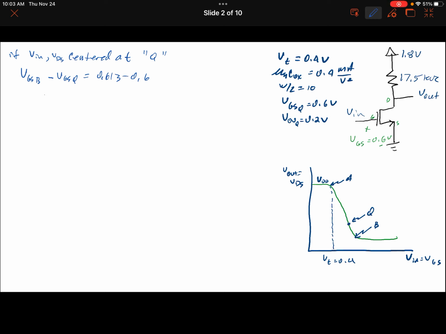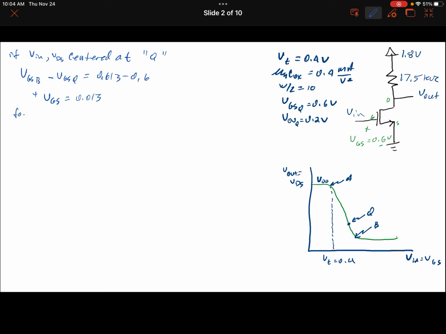So we would have VGS in the plus direction. All that can go is 0.013. Right? So that's actually quite a bit less swing. And in the max swing we already had, the minus swing was 0.2.